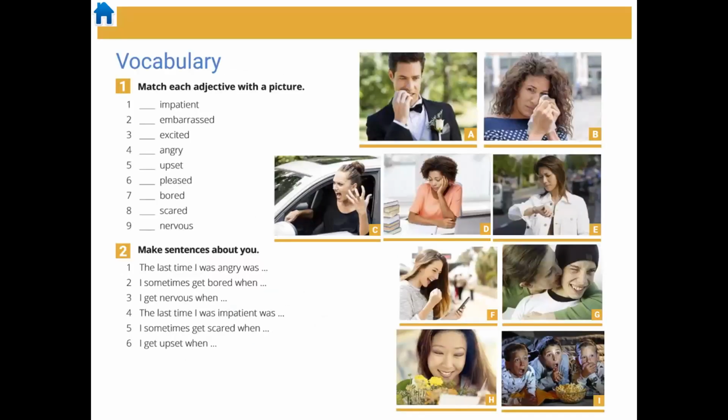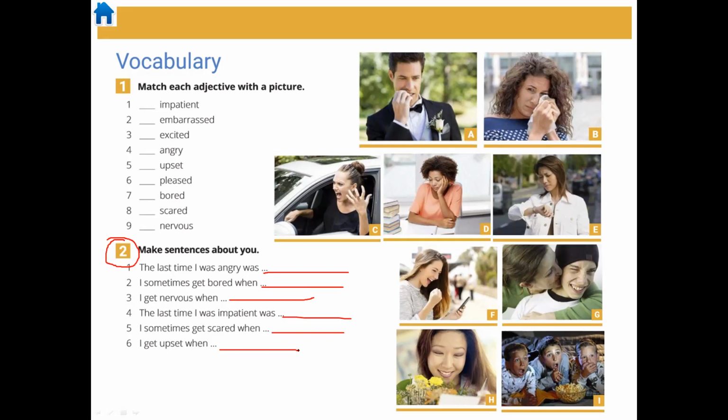Now I want you to open your student books, and this is page 31. And I want you to look at right now at number 2. And I want you to complete these sentences 1, 2, 3, 4, 5, and 6.